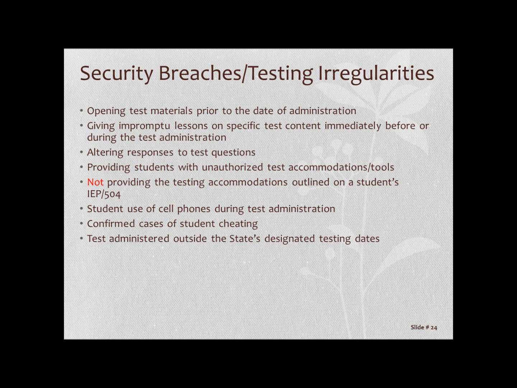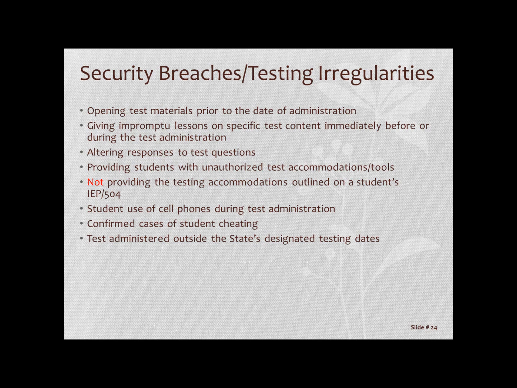Some examples of security breaches or testing irregularities include opening test materials prior to the actual date of administration, a teacher coming in and giving impromptu lessons on specific test content either immediately before or during the actual test administration, changing a student's response on test papers, providing students with test accommodations that aren't on their IEP, above and beyond what are on their IEPs, and also not providing the test accommodations that students should be having.